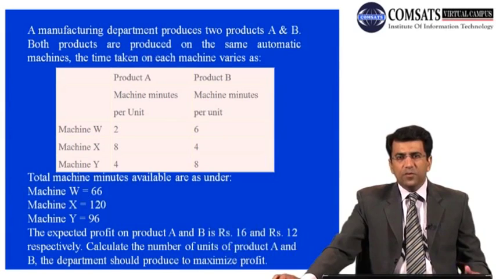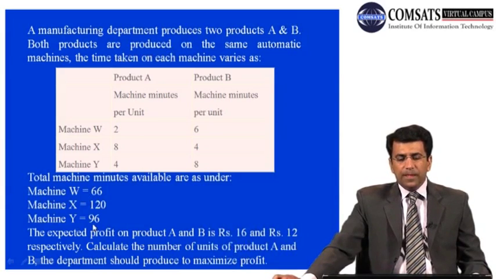And of course there will be a particular time which will have to be spent for the particular product on these machines, and the total machine minutes available are: machine W 66 minutes, machine X 120 minutes, machine Y 96 minutes.